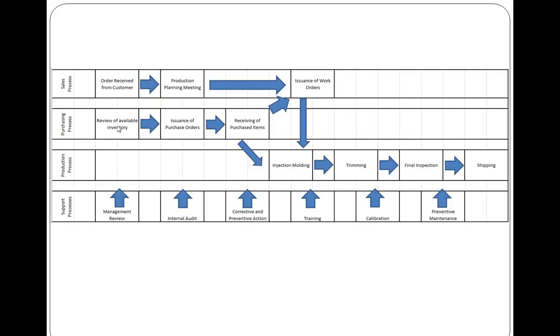You also have some acknowledgement of the fact that in this particular company's case, sales and purchasing are independent, so to speak. Reviewing available inventory, issuing purchase orders, and then they all kind of link up here when the work orders are issued, and that in turn flows down to the injection molding process. Then, of course, along the bottom here, the support processes and the general support that they give to the other 3 core activities.